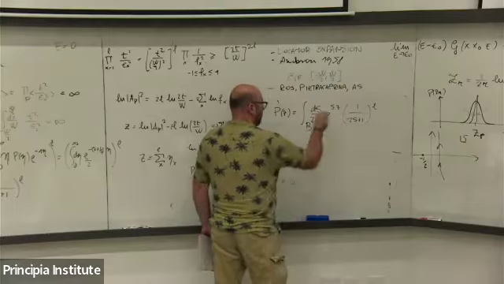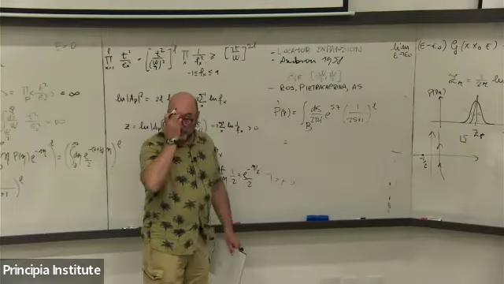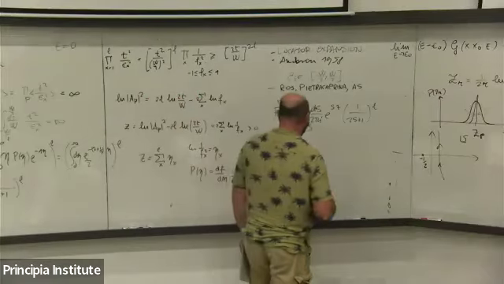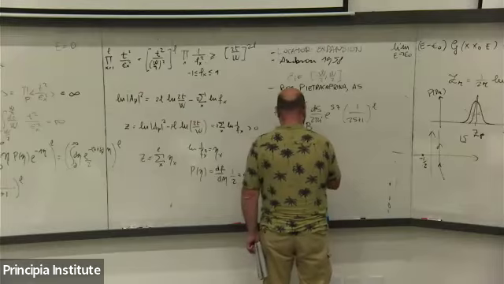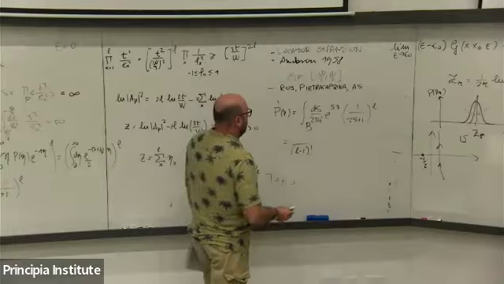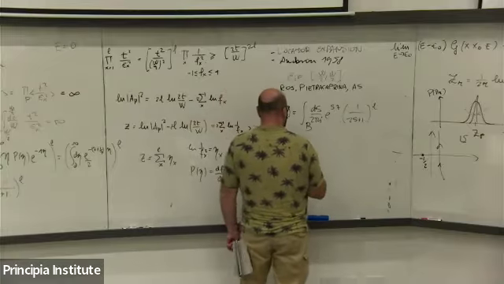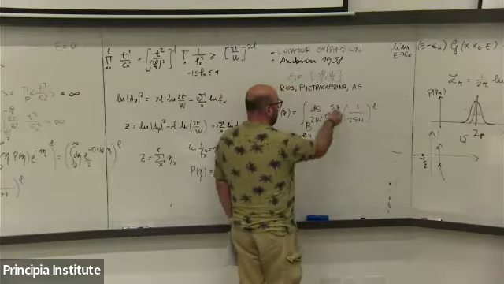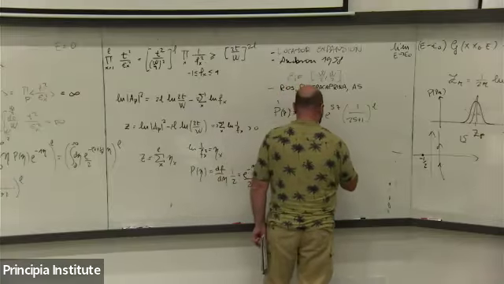Since it's an L-th order pole, we get the residue, the L minus 1 derivative, divided by L minus 1 factorial. The L minus 1 derivative is just z to the L minus 1. And then I compute the value at the pole. There we go.